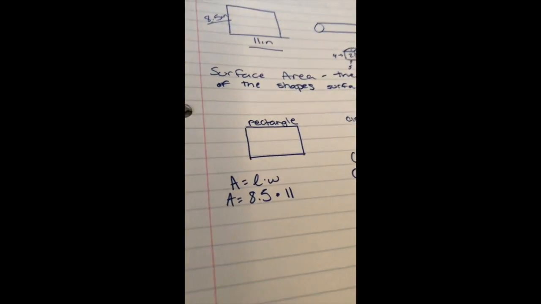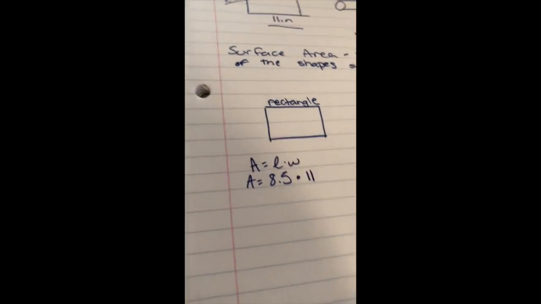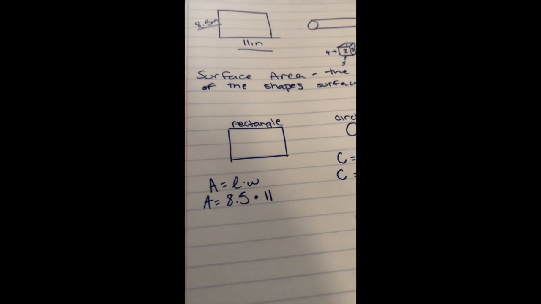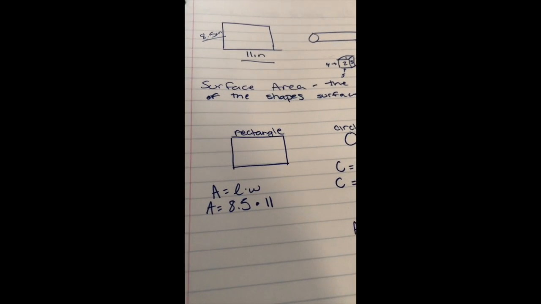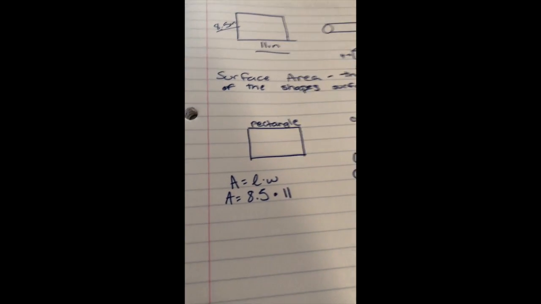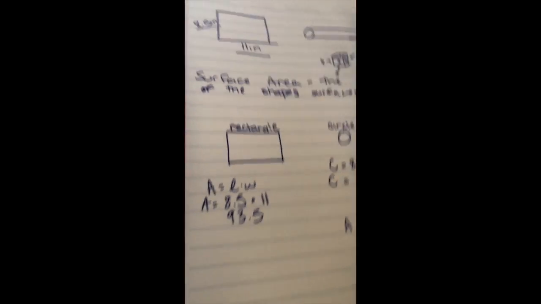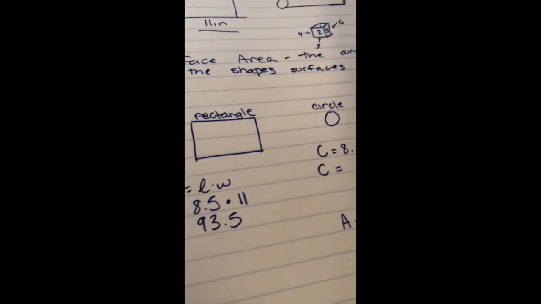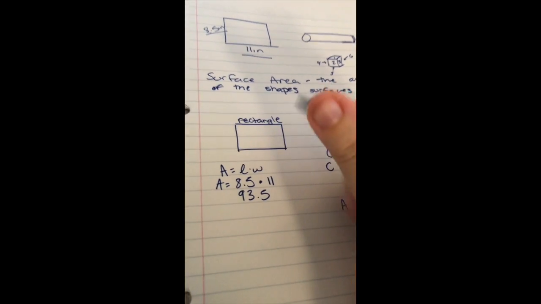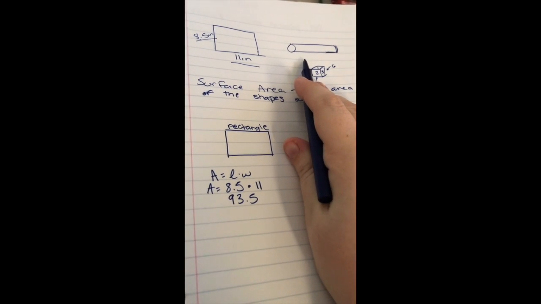Now, go ahead and get out a calculator and make sure that you are multiplying these two things together. And I'm going to do that too and verify. I got 93.5. 93.5, perfect. So that is the area of the rectangle portion of our cylinder here.